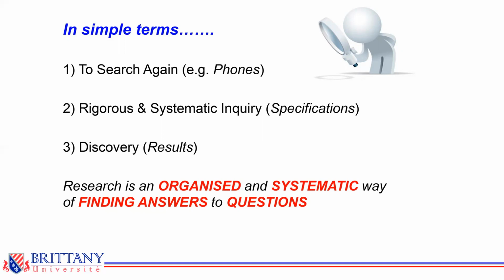So if I summarize, research is an organized and systematic way of finding answers to your questions. Remember in chapter 1, I said you need to state your research objectives and also research questions. So end of the day, you have to find your answers to the questions or the objectives you set earlier. You need to justify whether you met the objectives or not.